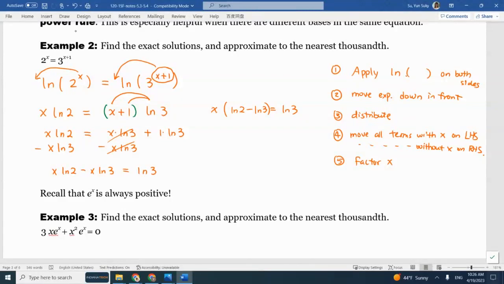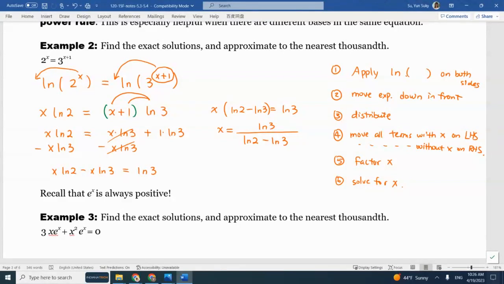So therefore, your x equals ln 3 divided by ln 2 minus ln 3. Okay, so, solve for x, so divide by that factor.